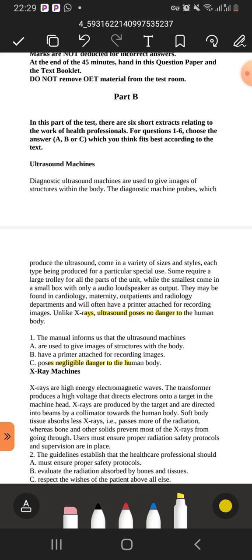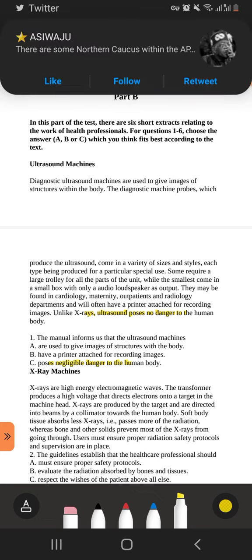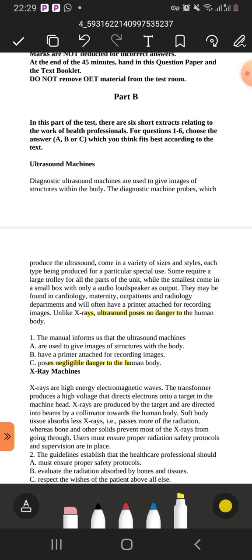No danger is an absolute word: zero, nada, zero danger. But option C is talking about it possessing some dangers, but the dangers are negligible. So it means option C is wrong. Are we following? So here now, the answer is staring at us.